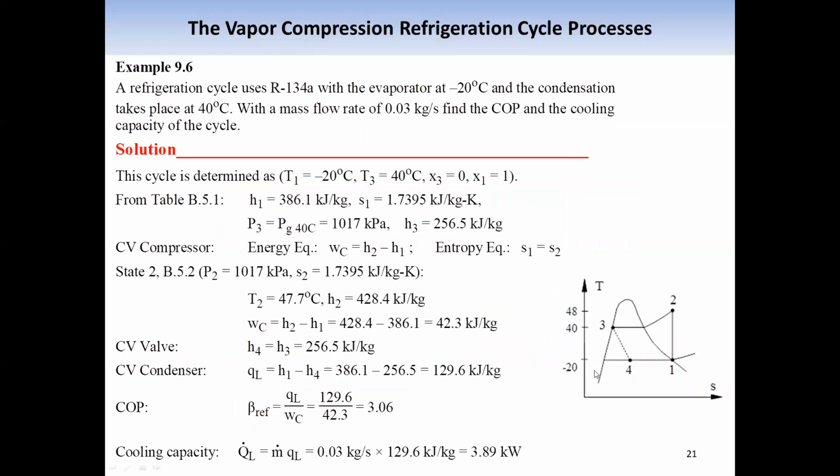Here is an example. If we are given the temperature of the refrigeration cycle and the high temperature, where the heat is released at a high temperature, 40 degrees C. We are given the mass flow rate.